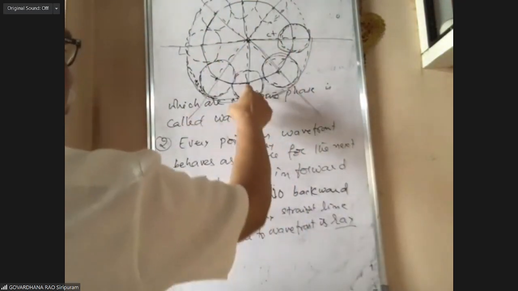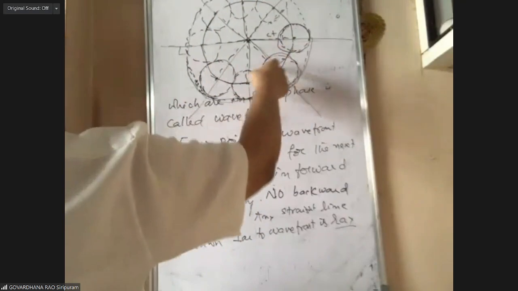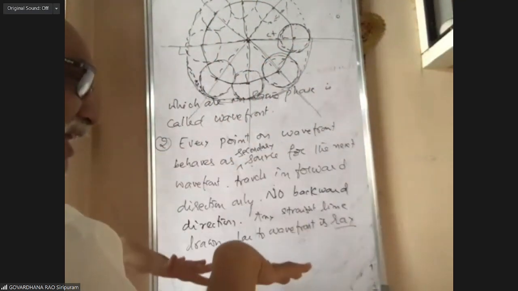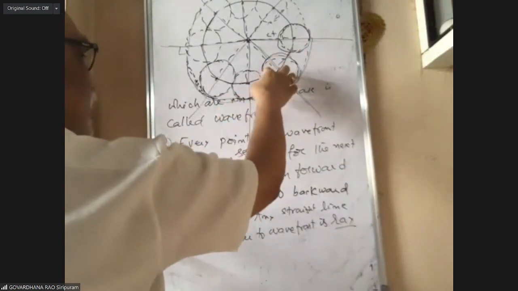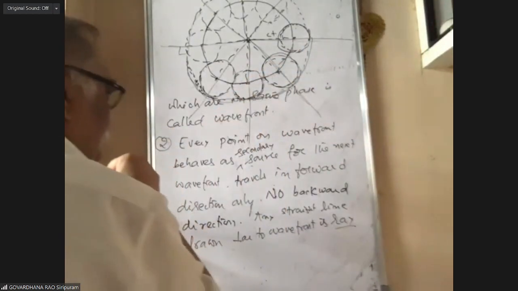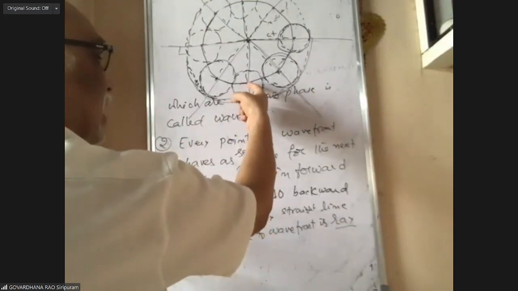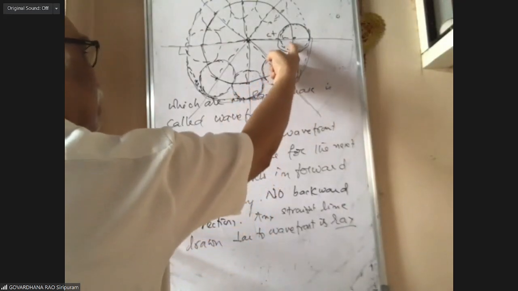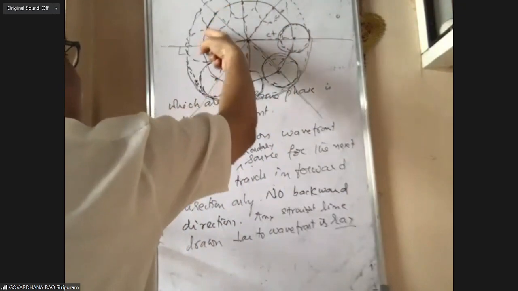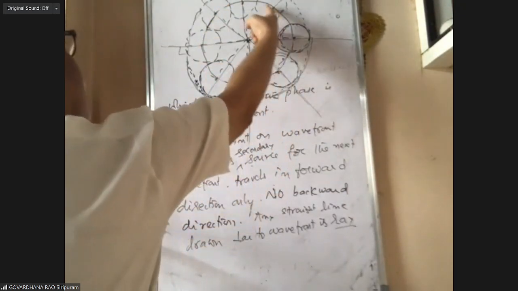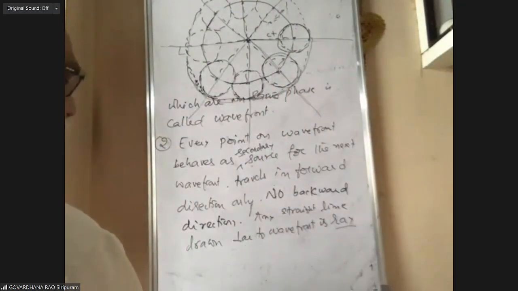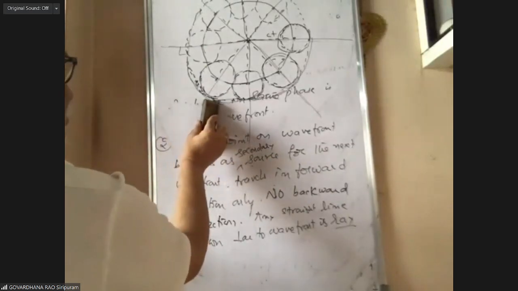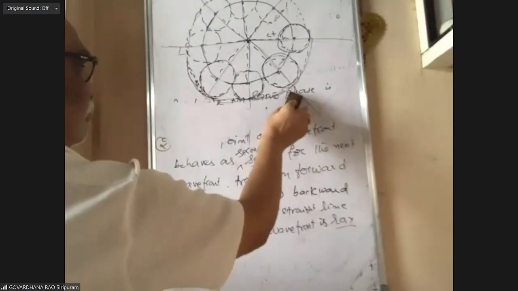So these particles are in the same phase because they start vibrating simultaneously. So locus means path. The path joining all the particles which are in the same phase is called a wavefront. Okay? Yes, sir.